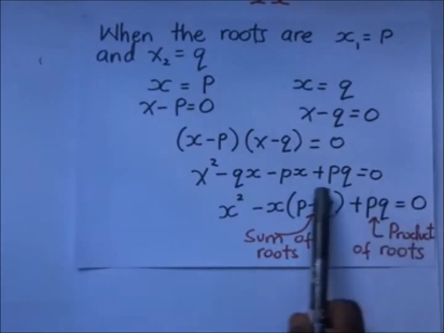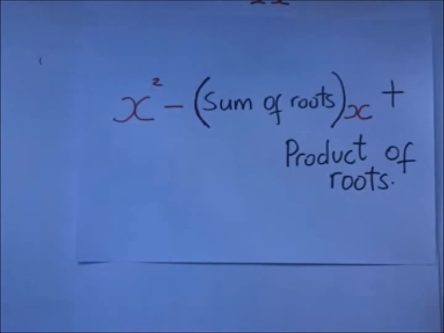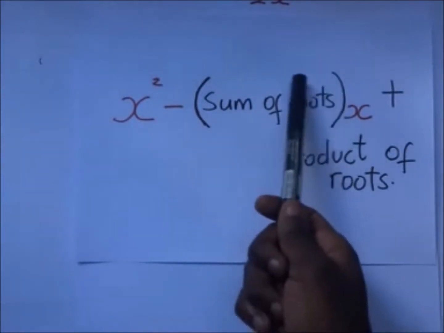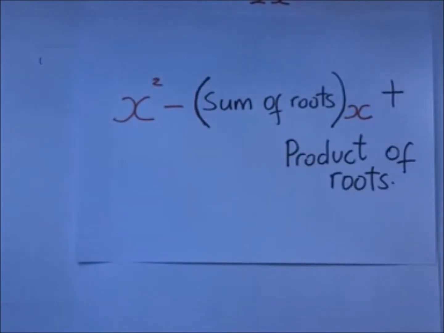So the general expression for a quadratic equation is x squared minus the sum of the roots, x, plus the product of the roots. We are going to demonstrate this. But before we demonstrate it, let's look at one of the numbers we have done, and we try and follow through.